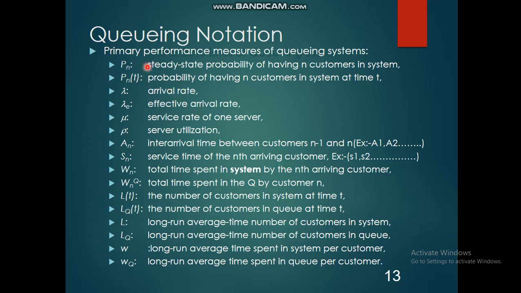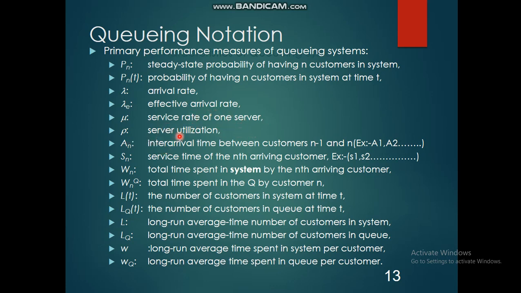The next notation: to measure the performance of the queuing system, we denote many symbols. Let's go through these notations. The first notation is Pn. Pn represents the steady state probability of having n customers in the system. Pn of t represents the probability of having n customers in the system at time t. Lambda represents arrival rate. Lambda e represents effective arrival rate. Mu represents service rate of one server.